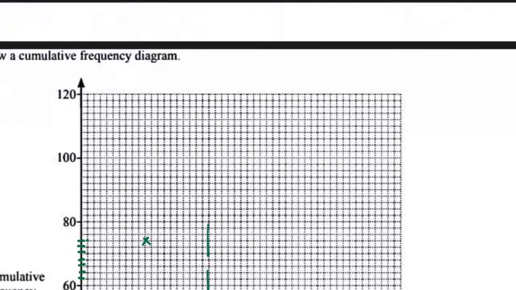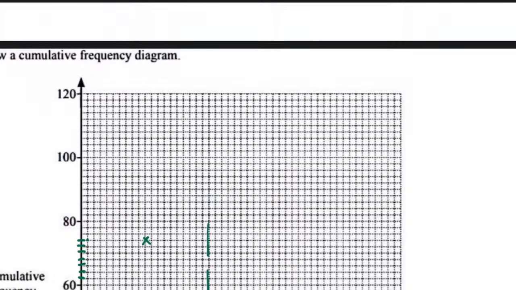So we look for 99. We keep going up. This is obviously 98 here. We want 99, so it's going to be a little bit above it, like half here.